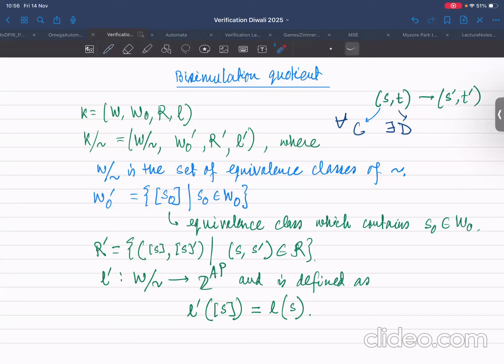The game is now in this configuration, S prime comma T prime. I call it a configuration. I have not yet formally defined the game; I'm just trying to build the understanding, and then we'll formally define it. I started with S comma T, and then the game evolved to S prime comma T prime. Now what should be the next thing?